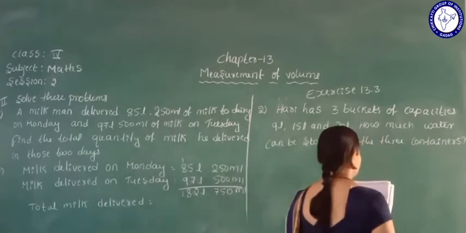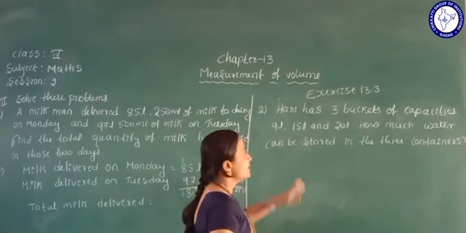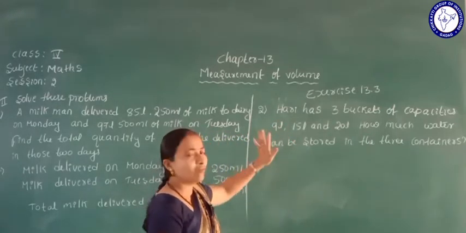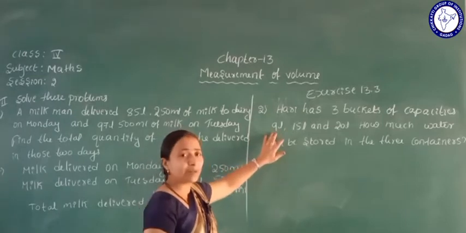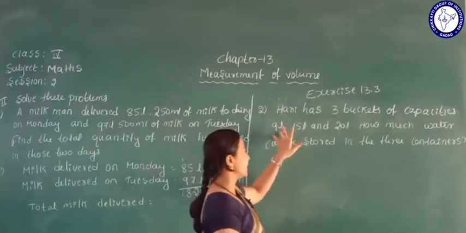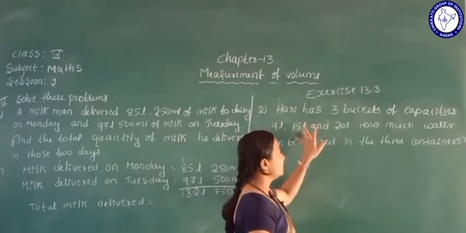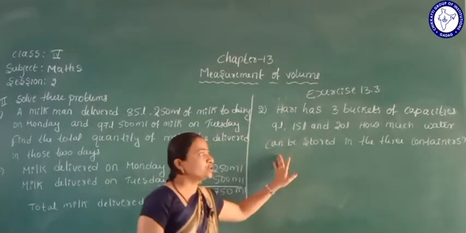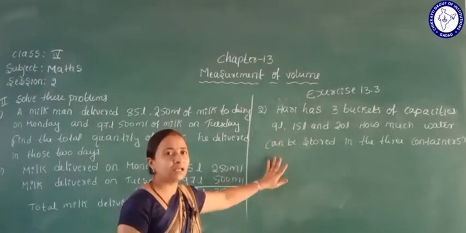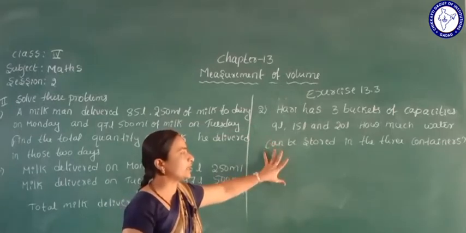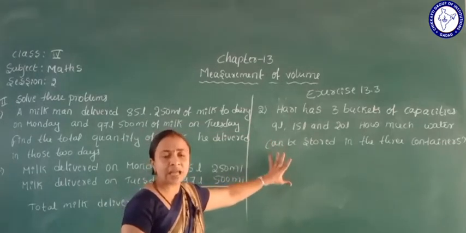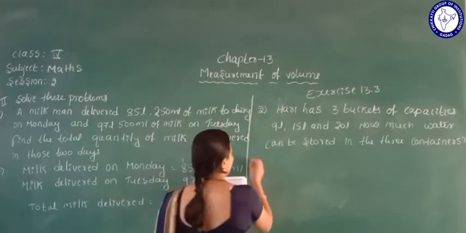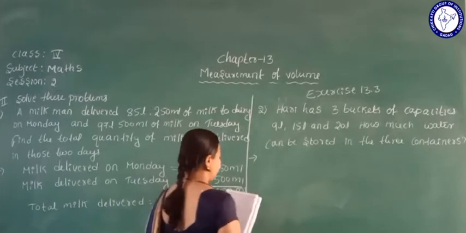Okay, yes. So Hari has 3 buckets of capacities of water. Those 3 buckets are 9 liter, 15 liter and 20 liter. So how much water can be stored in total in the 3 buckets? Now we will calculate.